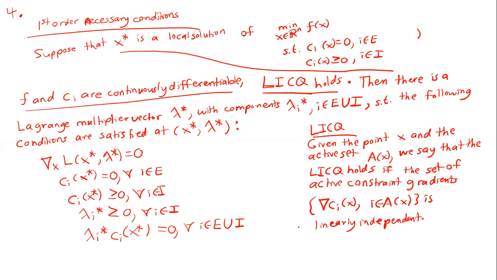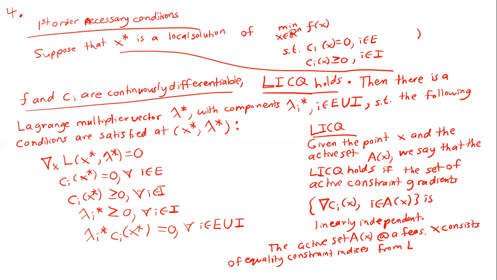But as a reminder, what's the active set? The active set A of x at a feasible x consists of the equality constraint indices from E, together with the indices of the inequality constraints in I for which c_i of x is equal to 0.